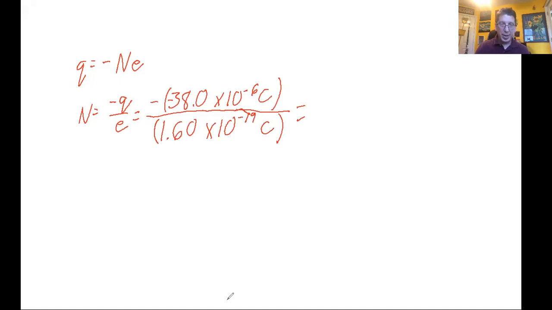And so that becomes, to three significant figures, 2.38 times 10 to the 14. So that's how many electrons we're talking about. So 10 to the 9 is a billion, 10 to the 12 is a trillion. So that's 238 trillion electrons in that charge of 38 microcoulombs.